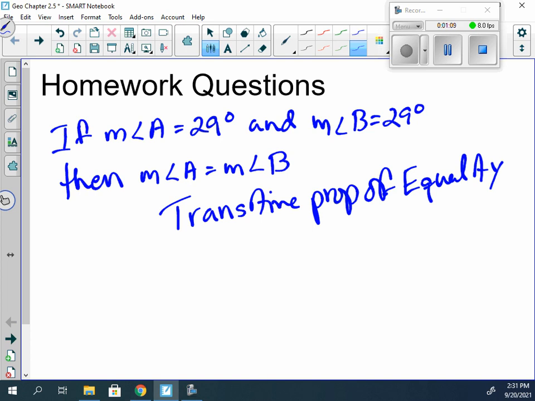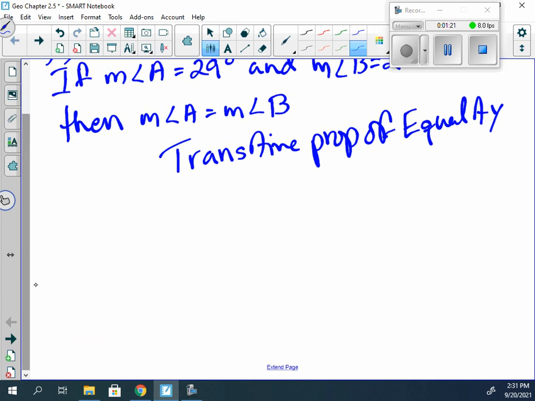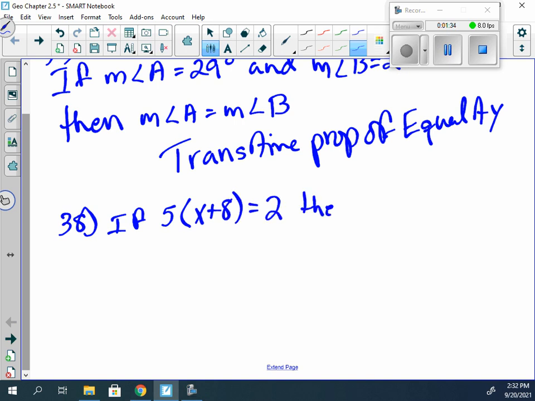And that was problem number 30, yes? And then 33? 38. 38 said, if 5 parentheses x plus 8 is equal to 2, then blank plus blank equals 2.